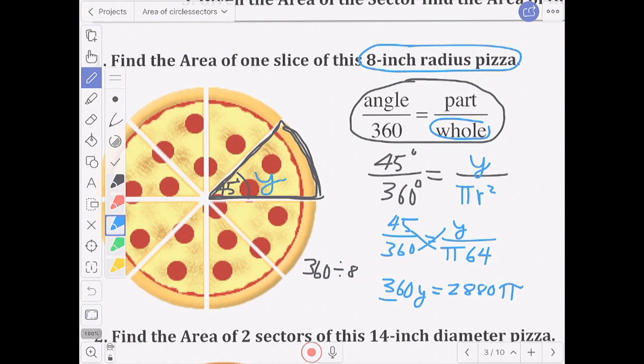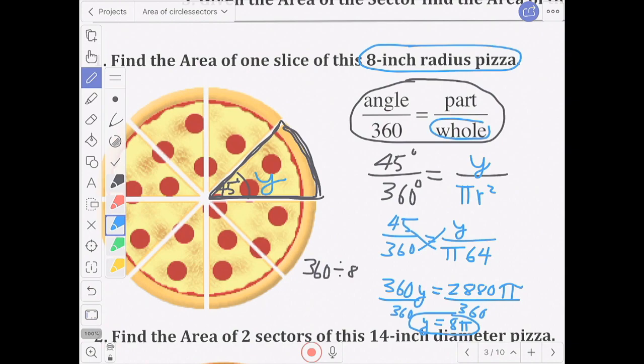They're not asking me to round. They're just asking for the area of one slice. So I'm not going to type pi into the calculator. I'm going to leave the pi in the answer. So 2,880 divided by 360 comes out to be exactly 8. So the answer would be 8 pi for how much area is in one slice of pizza there.